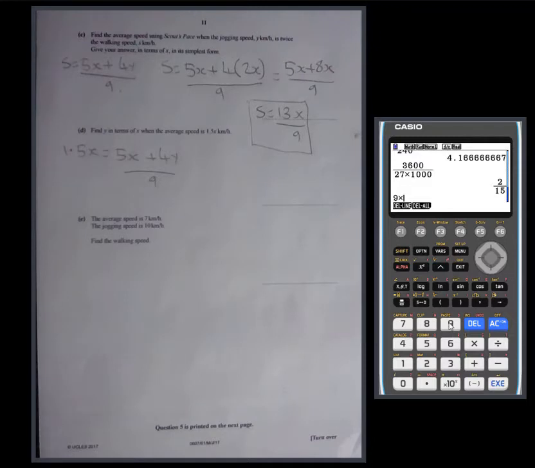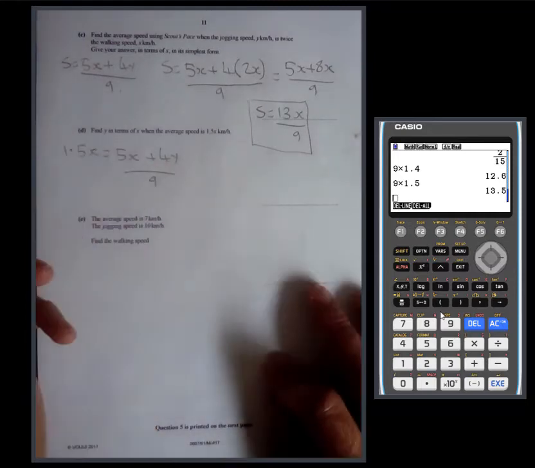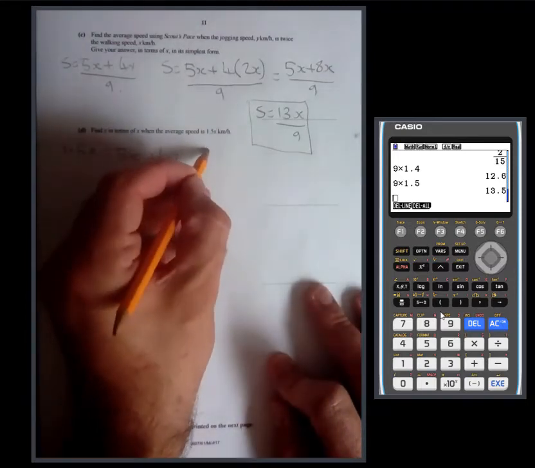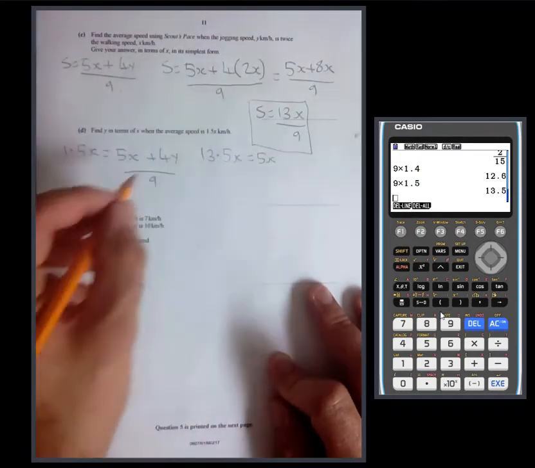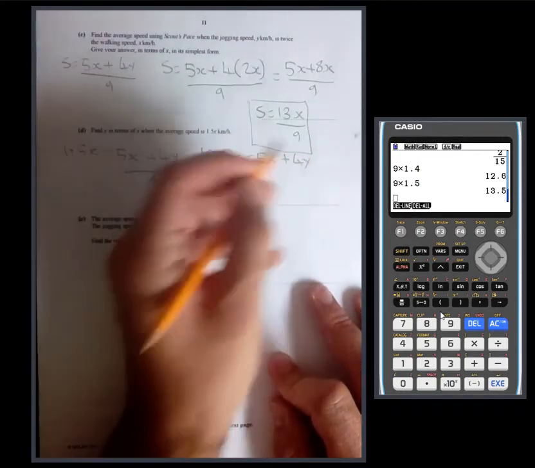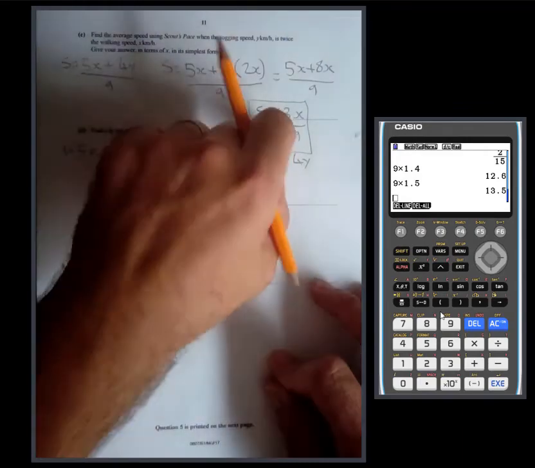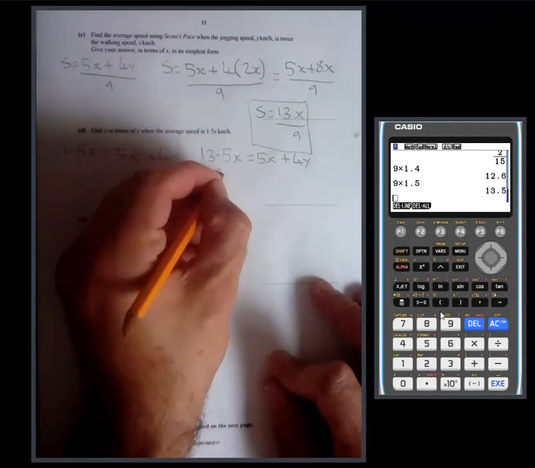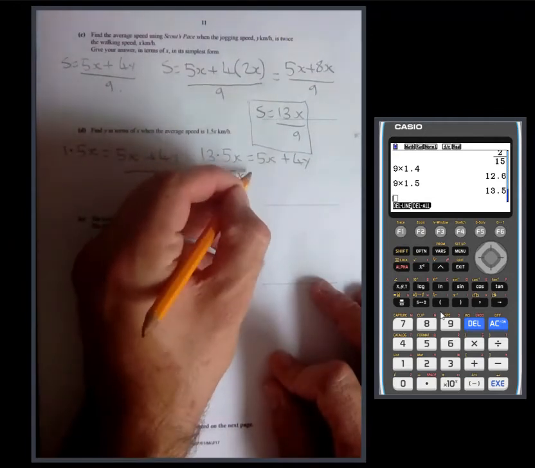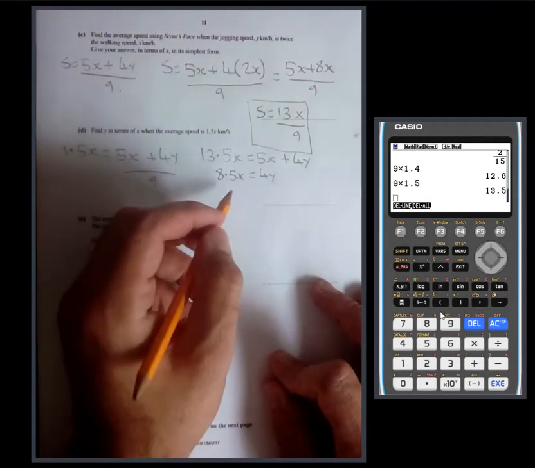If you're not sure, do try that again. So it'll be 13.5x equals 5x plus 4y. We've got to make y the subject, so we subtract 5x from both sides. 13.5x minus 5x is 8.5x equals 4y.